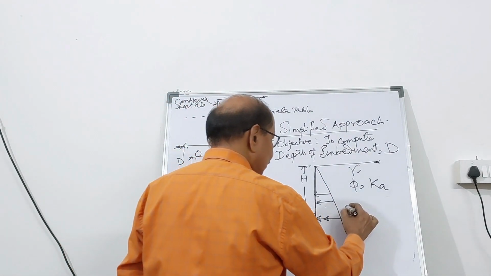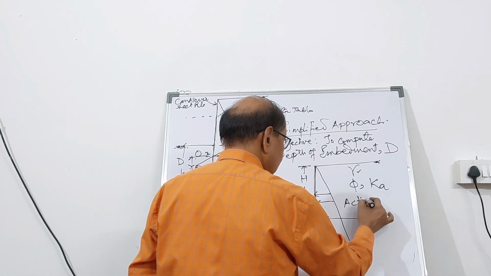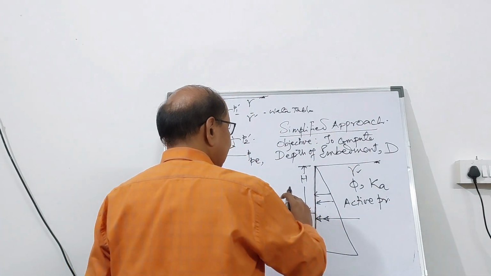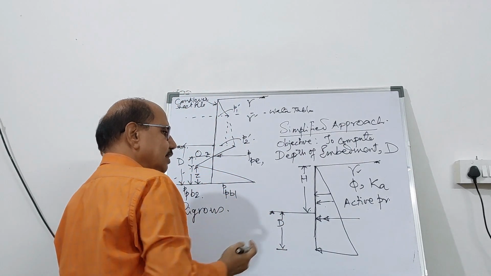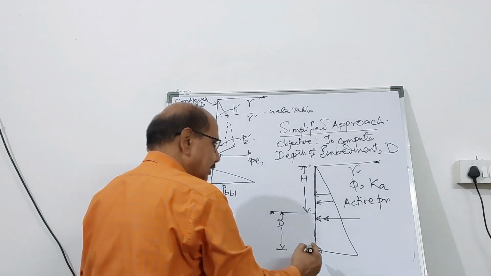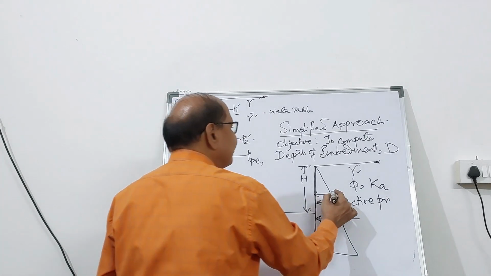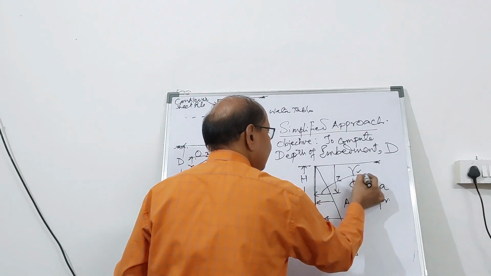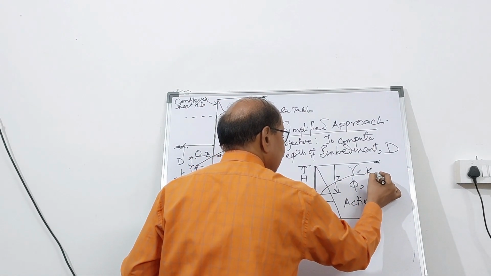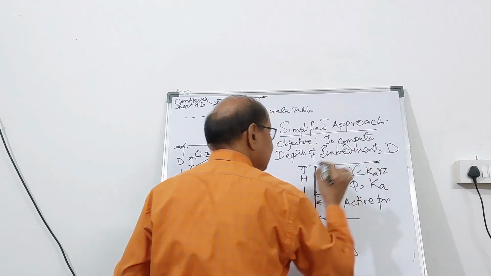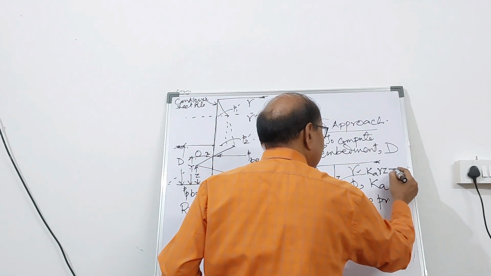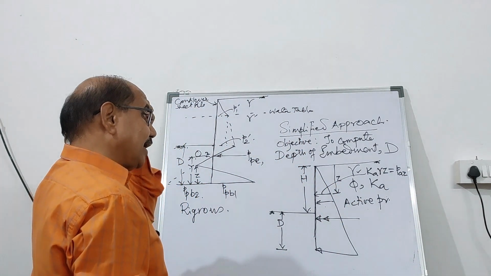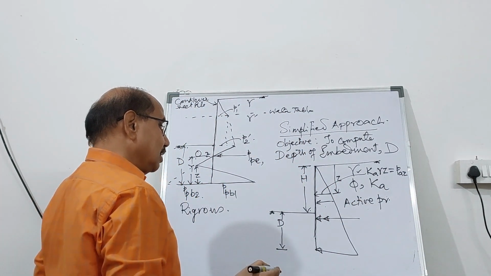So the active pressure is going to develop on the backfill side, that is on the right hand side of the sheet pile. And naturally, at any depth Z, this pressure will be given by K times gamma Z. So the active pressure PA at any depth Z will be K times gamma Z.